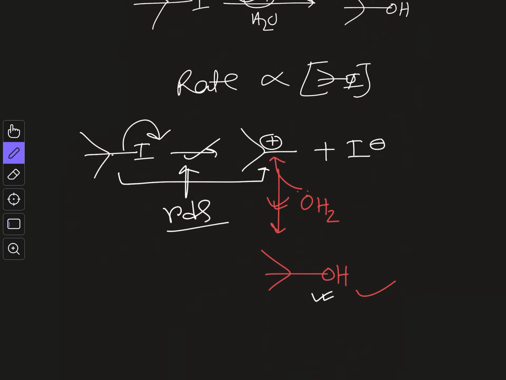Now in this case, as soon as the bond is broken, we have this I minus and this carbocation, and both are strongly polarized, right? So that's why in water-like solvent, polar protic solvent, they are heavily solvated, strongly solvated, and this solvation energy is actually the driving force for this bond breaking to occur.